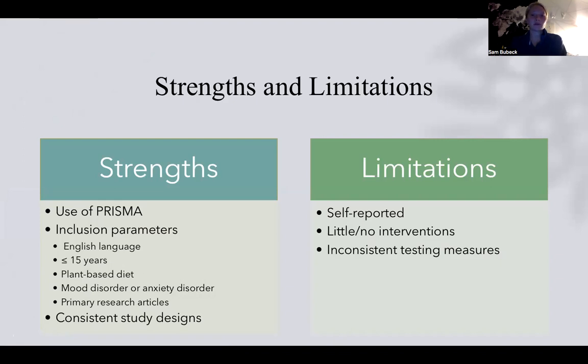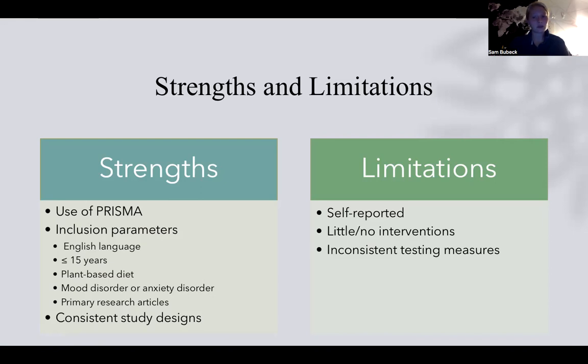I was also able to stick to my inclusion parameters of including only the English language, only research that was equal to or less than 15 years, research that was focused on plant-based diets, also mood disorder or anxiety disorder solely, and then also only primary research articles. Another strength was that there were consistent study designs. Many were cross-sectional. That made for easier synthesis.